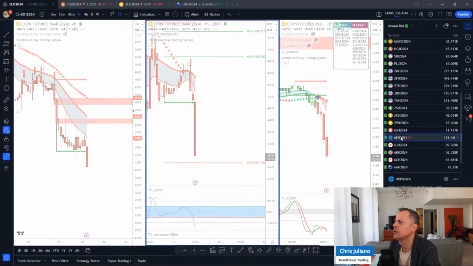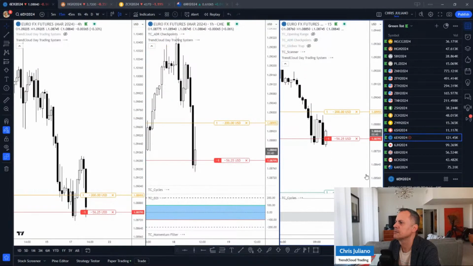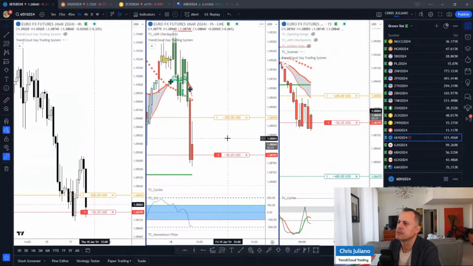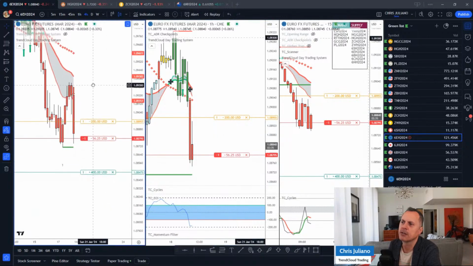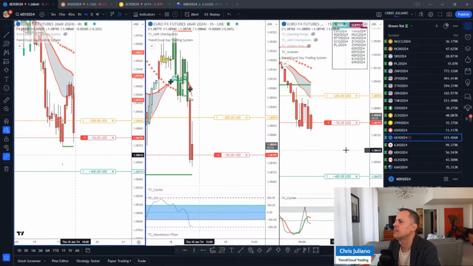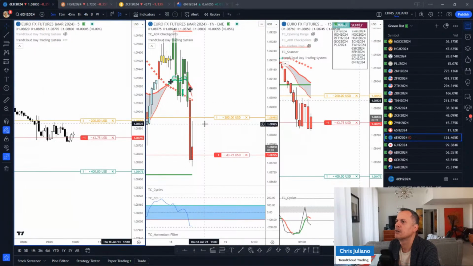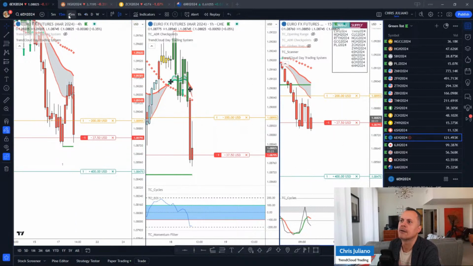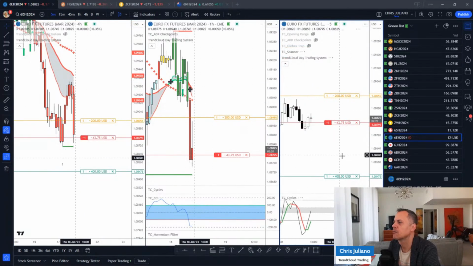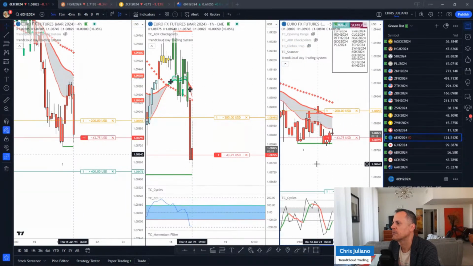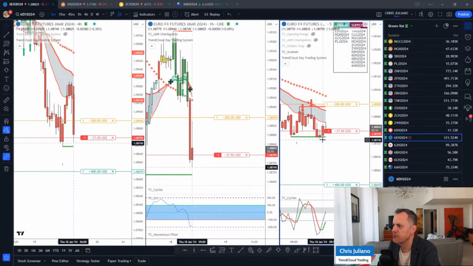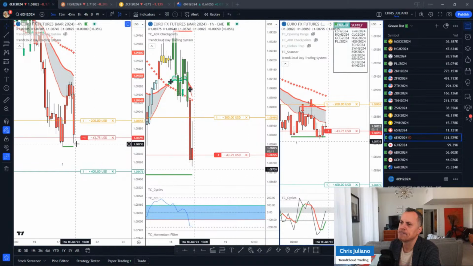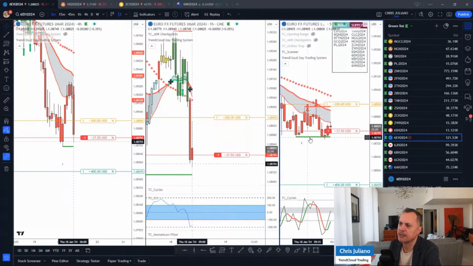Check on our euro. Come on, euro. Don't let us down. 5-minute chart. Oops. 4-hour. 5-minute, right there. 5-minute chart just peaked below the 5-minute level.